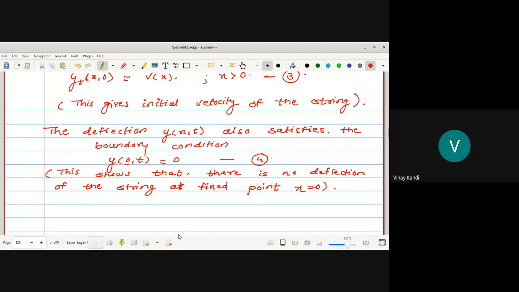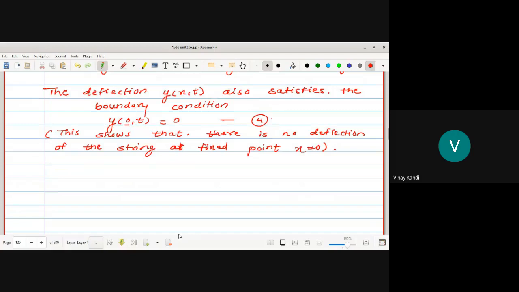Okay, now one more condition is there, and y_t of 0, t. Sorry, the velocity at point 0, x is equal to 0. It is also 0.